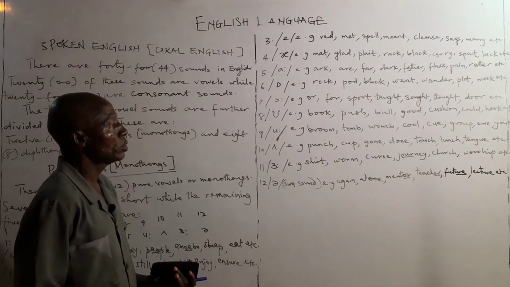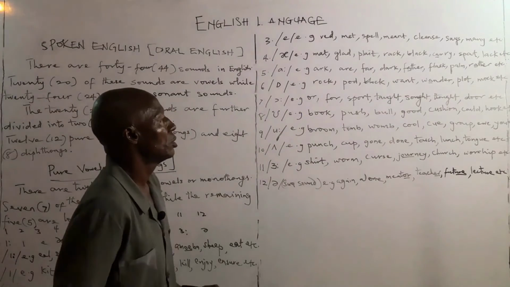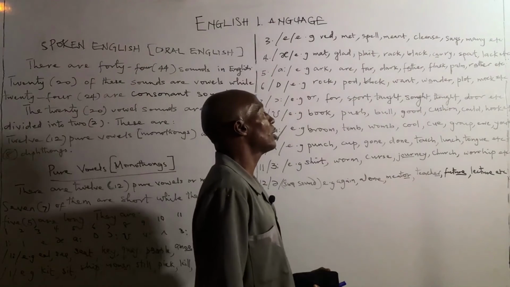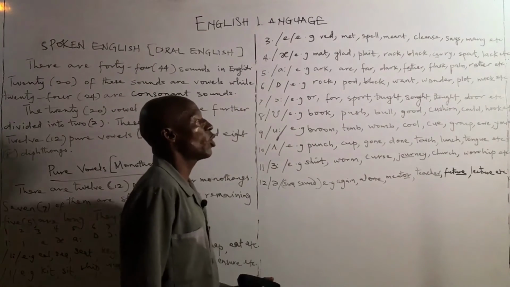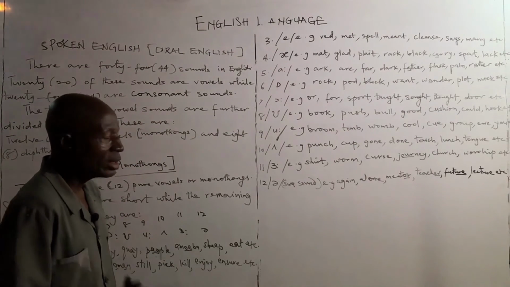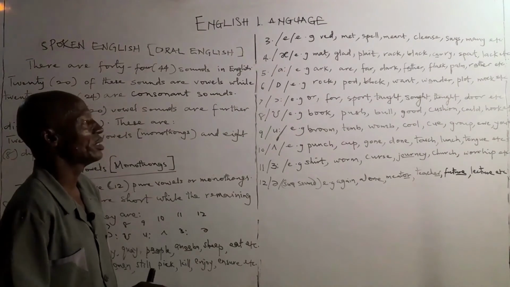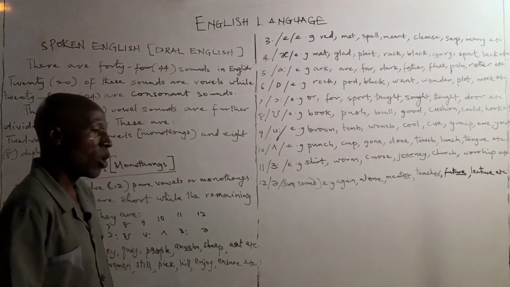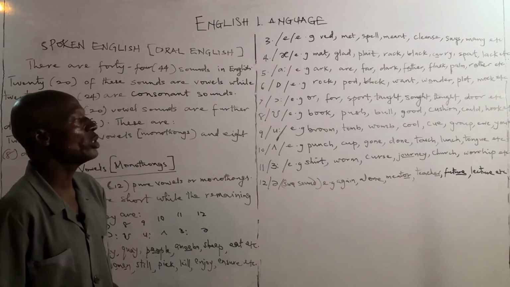It's always long. Now, for this one, you have teach, then you have taught. You have seek, then you have sought. We have think, then we have thought. And of course, we have door. So, please take note. Any word in English that is a verb and it has the aw sound in the past, that sound is always long.